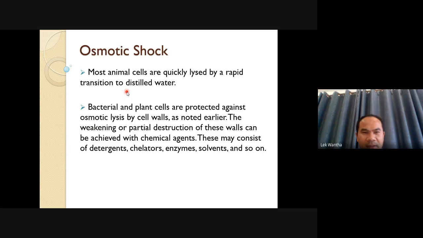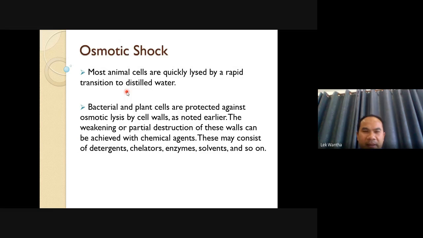For the osmotic shock, mostly we use animal cells, by rapid transition to distilled water. And for bacteria or plant cells, because they have quite a strong cell wall, it's hard to break them by osmotic pressure. You may use another technique, like a chemical agent, a detergent, an enzyme or solvent, or a mechanical technique.